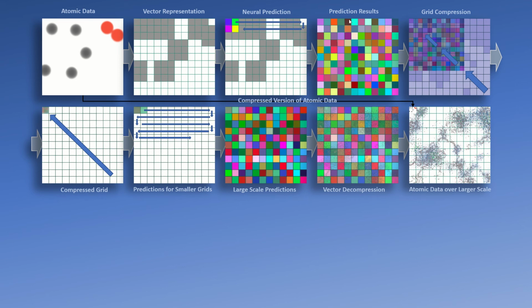That neural network will take in these prediction results, and it will compress those into a smaller size. And so that's what this represents. So we can see that original grid, which was this large, is compressed by the network to now be represented in this small cell. And so this area overall is a lot larger of a simulation area.